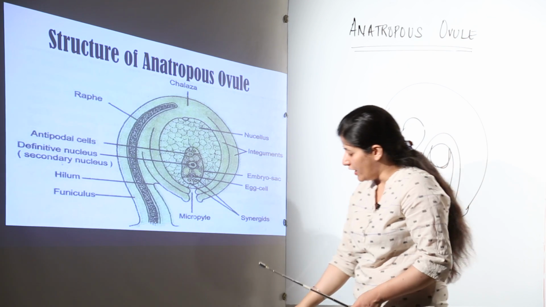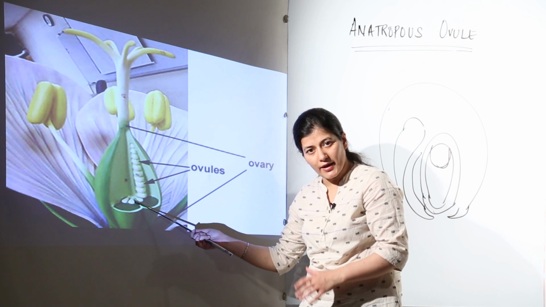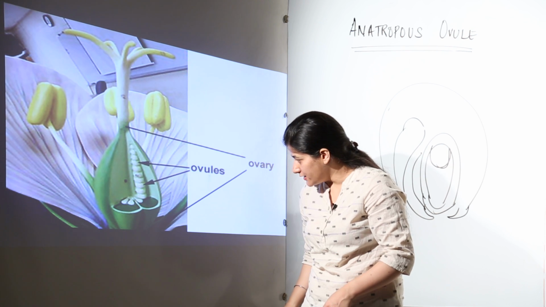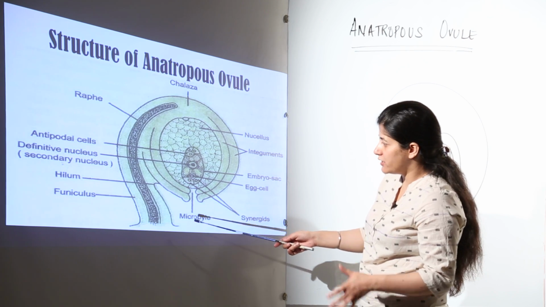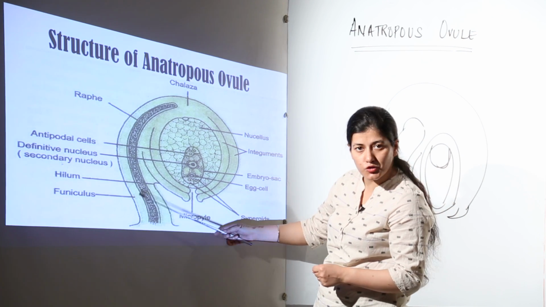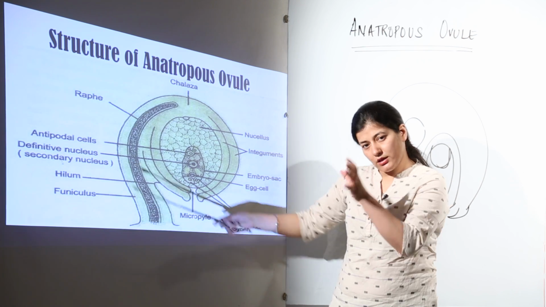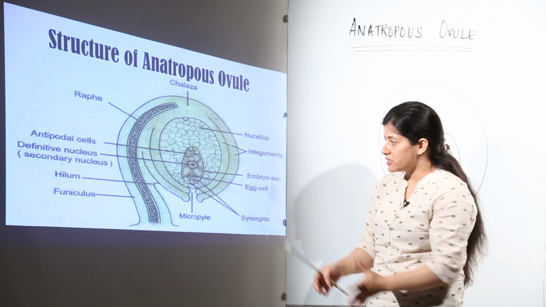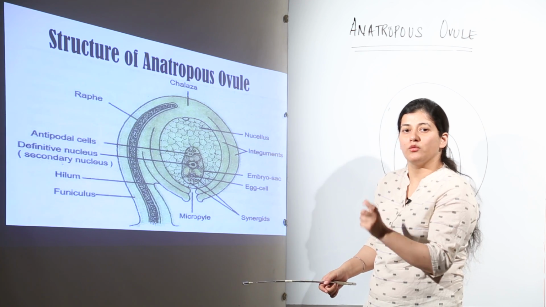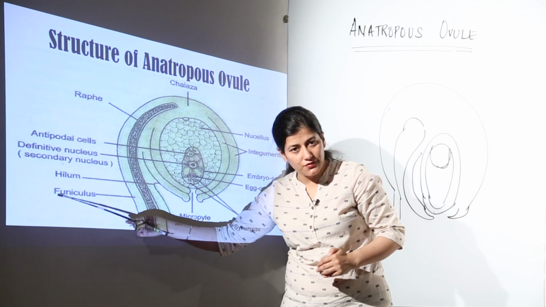In the ovarian locule, I would ask you to see over here, these ovules are attached to the ovarian wall by some agency, and that agency is known as the placenta. What joins the ovule to the placenta is known as the funiculus. The point at which the ovule joins with the ovary is the placenta, and the part that joins the ovule with that particular site is the funiculus.